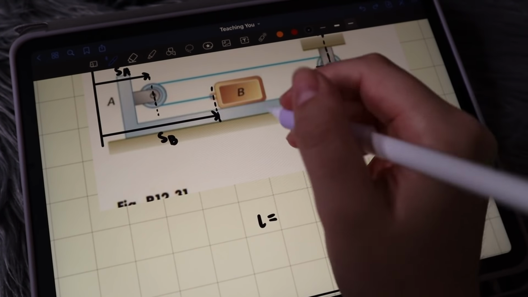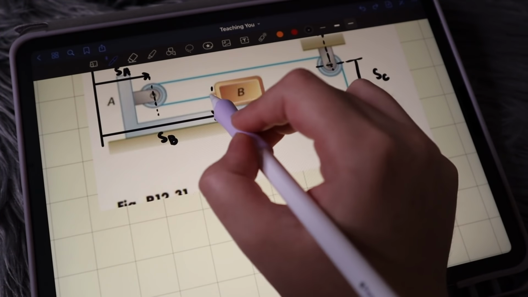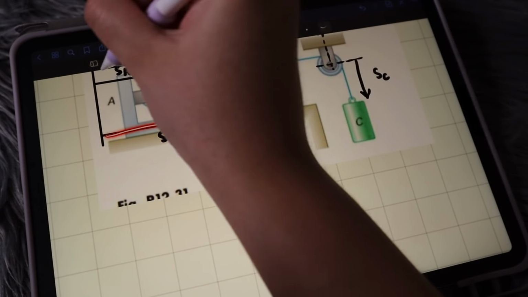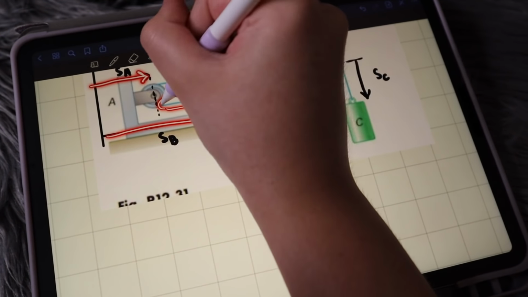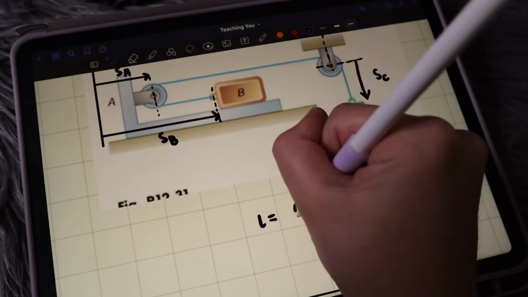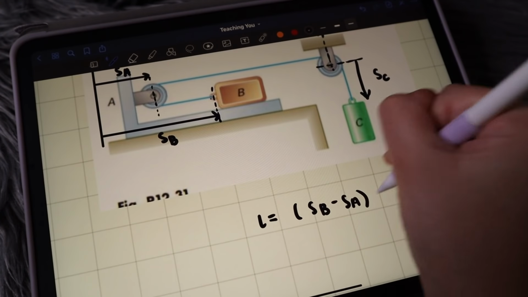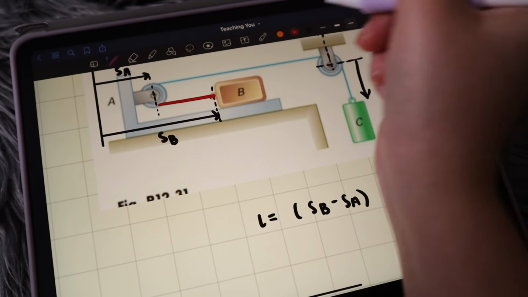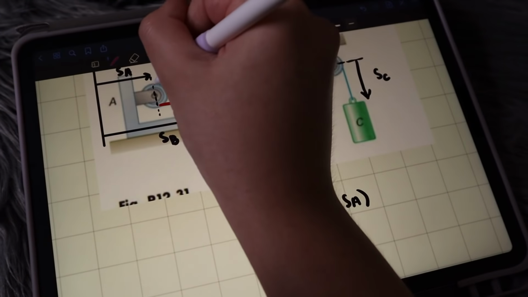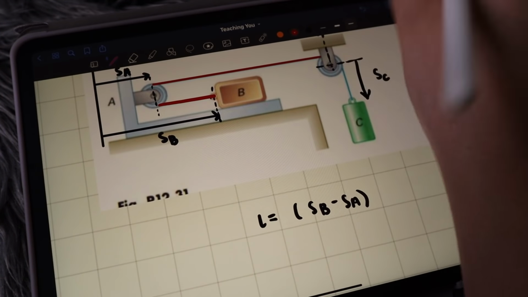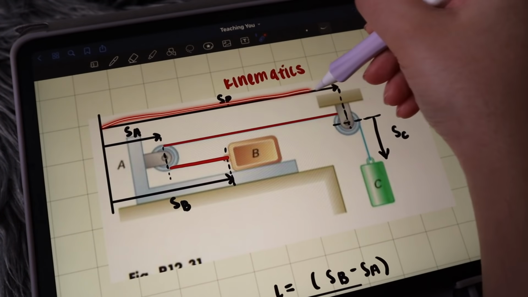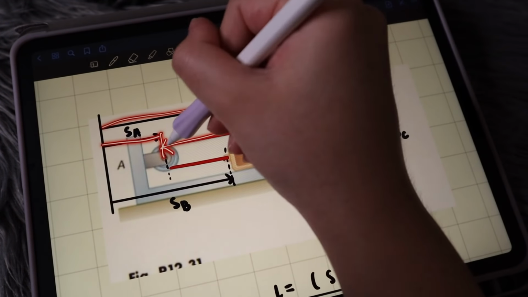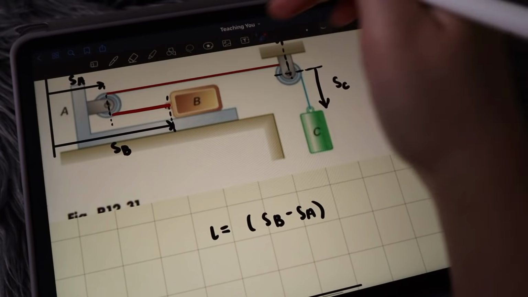So in order to get this piece right here, that's basically going to be SP minus SA.